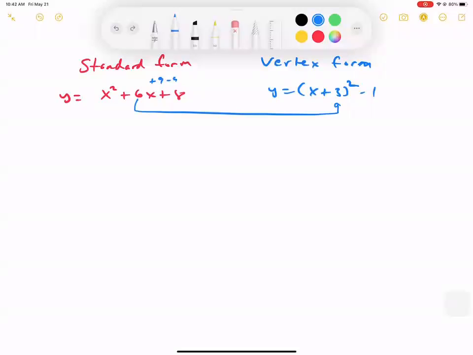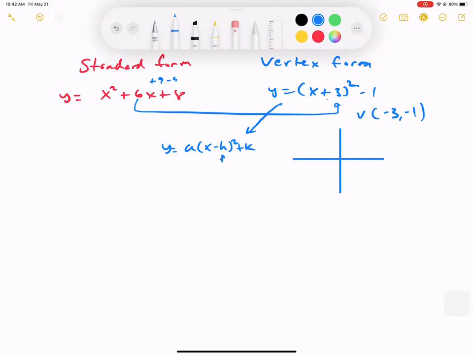Once we're in this vertex form, we can do a lot of different things with it because it's now in a super easy form. One main thing that we've been doing with it is graphing. Now that we have the vertex is negative 3, comma negative 1, that's my vertex with a v. If you remember, the form is a times x minus h squared plus k, where h is, see how it's a negative h?